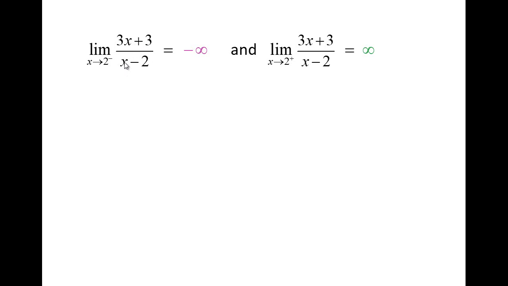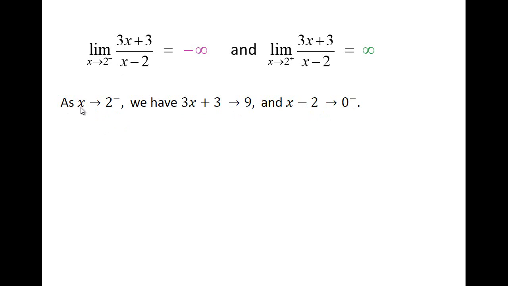Now let's try to get some intuition behind why this limit is negative infinity. So notice that as x gets closer and closer to 2 from the left side of 2, the numerator is close to 9 and the denominator is close to 0.